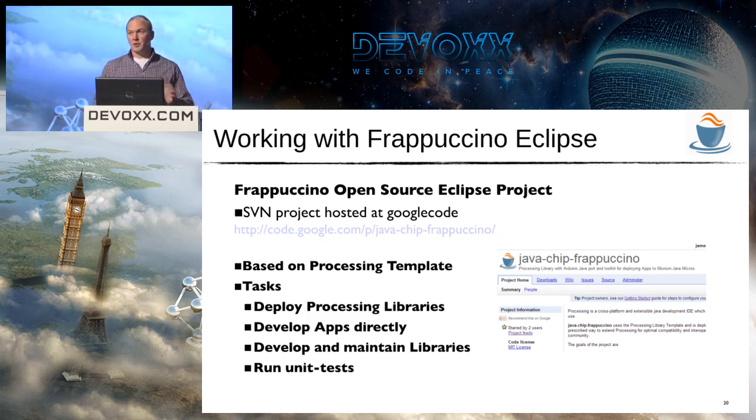We talked about Arduino being an island, where you're sort of stuck there and can't really do much more. Here, this is the first step off the island. You can work directly with Eclipse for developing Arduino-type applications.